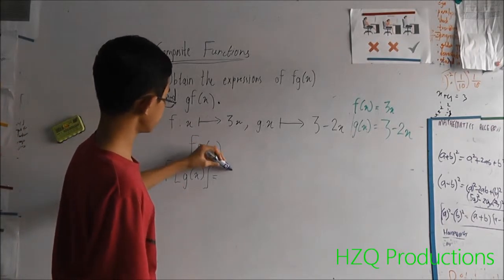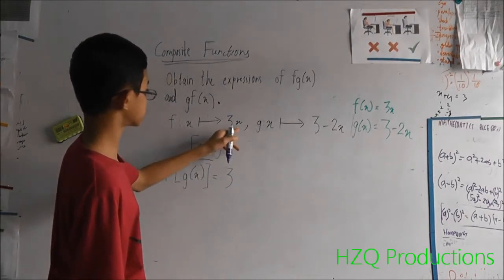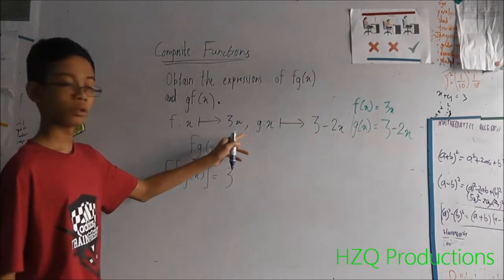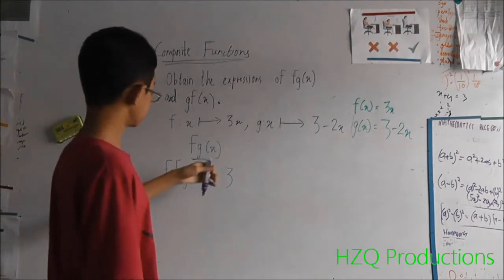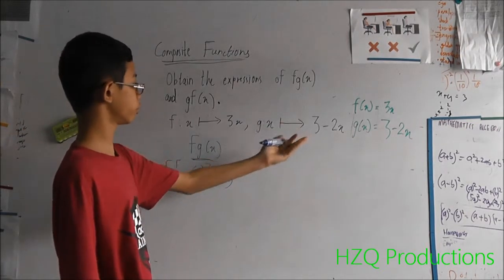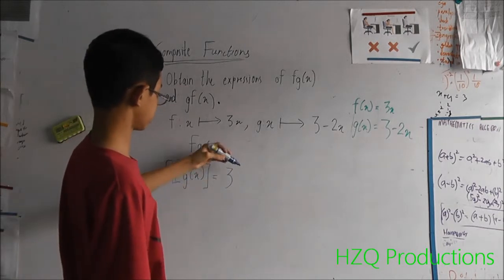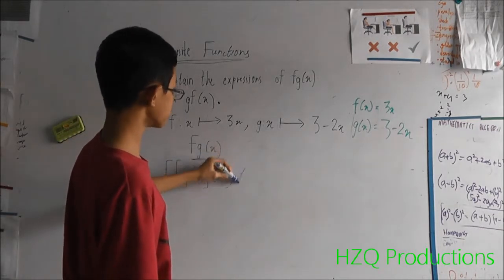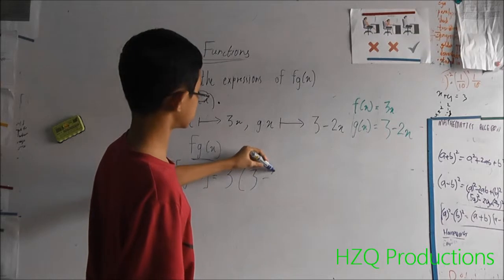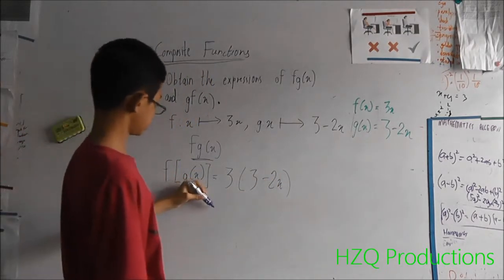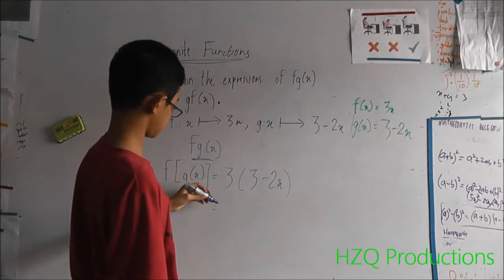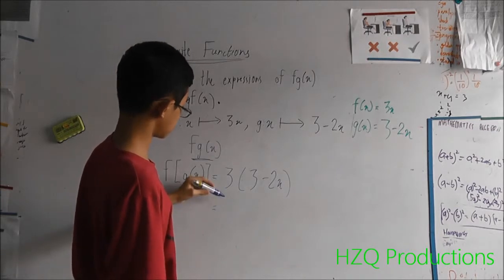So we put 3 in x, which represents g(x). So just substitute the value of g(x). What is so difficult about it? So 3 times (3 minus 2x). See, that's it. Then just solve like you did in normal maths.